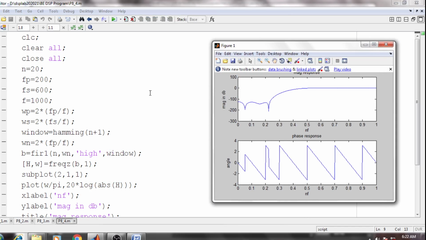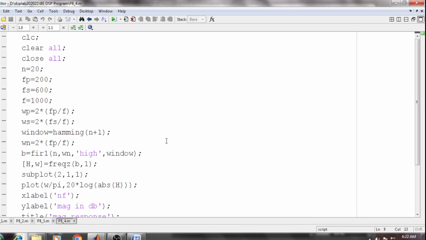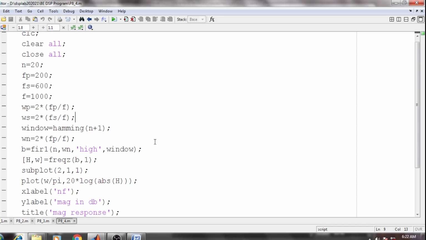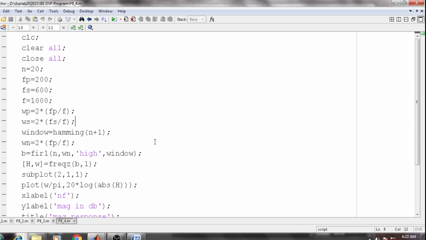This is about the eighth experiment. I hope you are doing it well. Try to run it on your MATLAB and go through all the experiments. Also try making changes in the parameter values, and you will see the change in the magnitude as well as the phase plot.